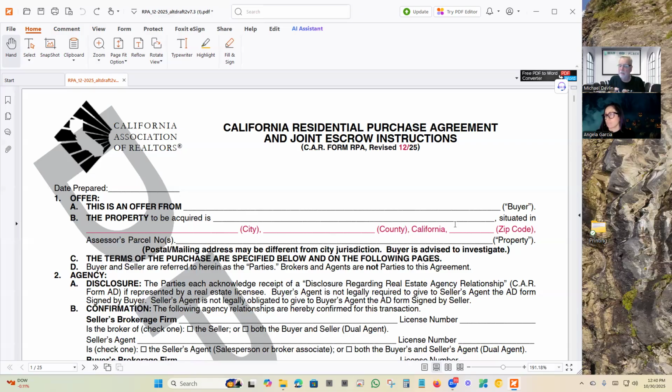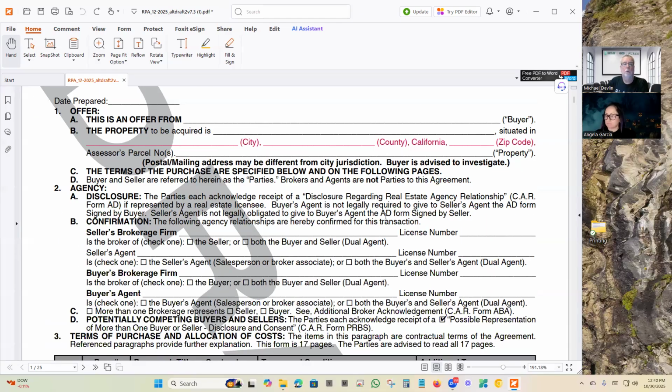Why? Because it's right at the intersection. Even some properties that are in San Jose are still part of the Campbell municipal system and go to Campbell schools. It's not always as clear as you might think. Buyer is advised to investigate. Usually this comes down to the fire department, the police department, and often, most importantly, schools.